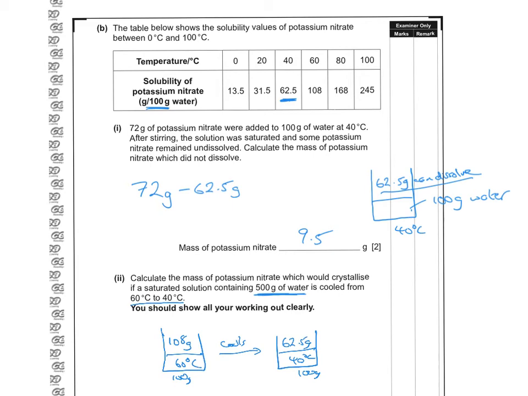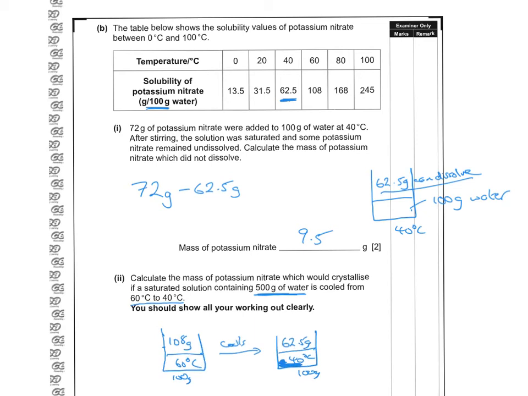So if you've started off with 108 grams being dissolved, and now at 40 degrees C, only 62.5 grams can stay dissolved, that means that there will be solid deposited because the excess can't stay dissolved.